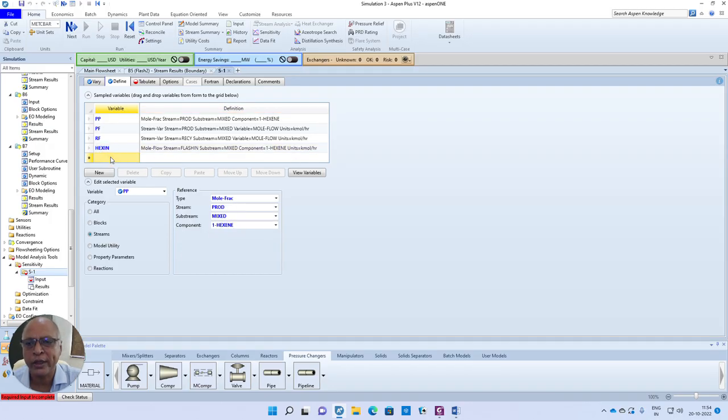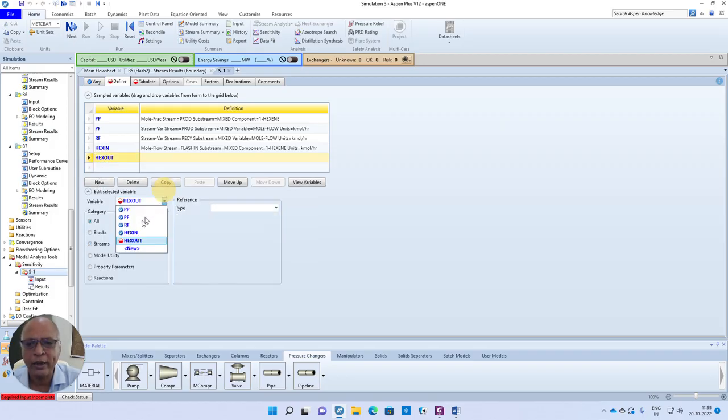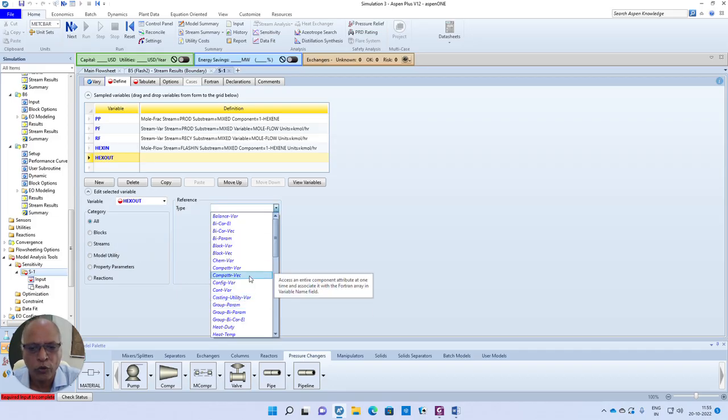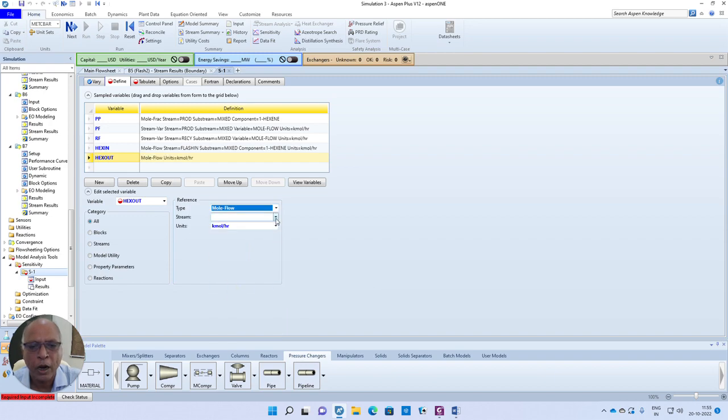What is the amount of hexene leaving through the product? So I would like to look at the mole flow of hexene in the product stream. Again, select this mole flow. Then say next.